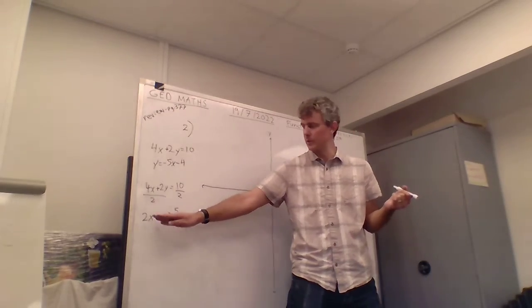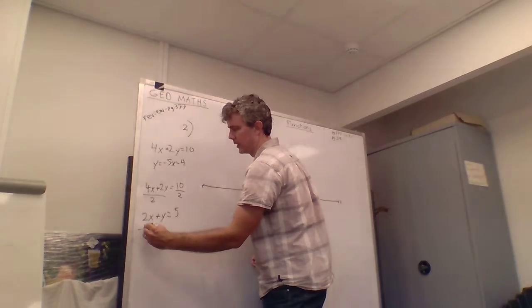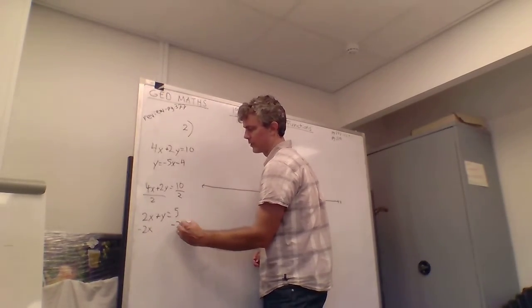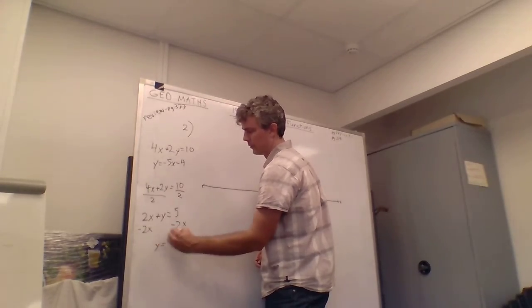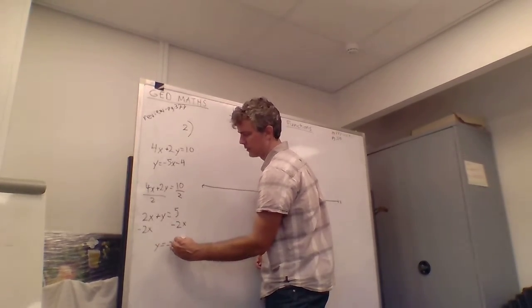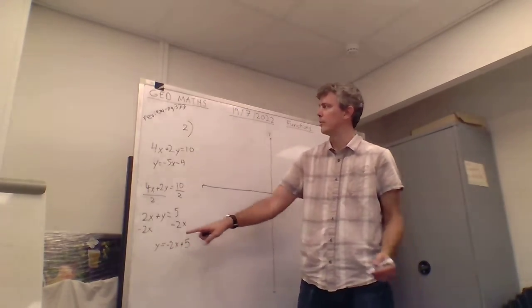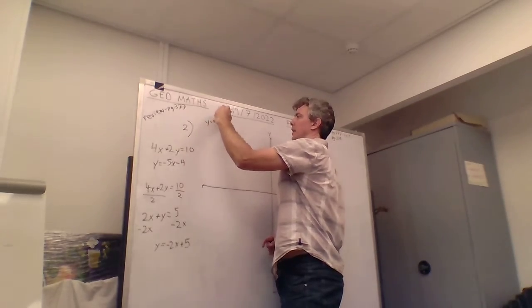Because if we subtract 2x, this will be nothing. So we subtract 2x from here, and that'll get rid of this 2x. But you have to do it to the other side as well. So now we have y by itself. We'll write minus 2x plus 5. I'm writing it this way because I want it in the format y equals mx plus b.